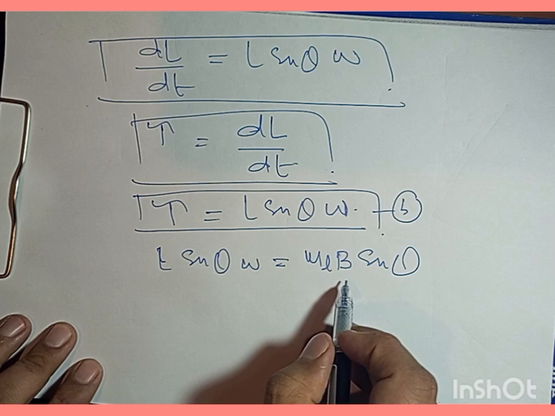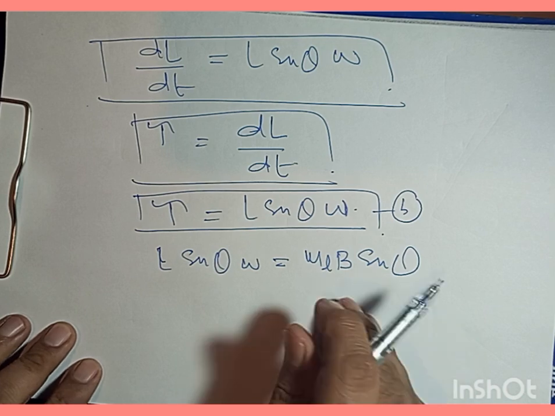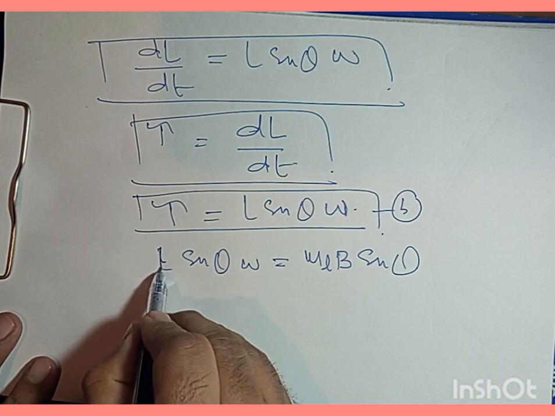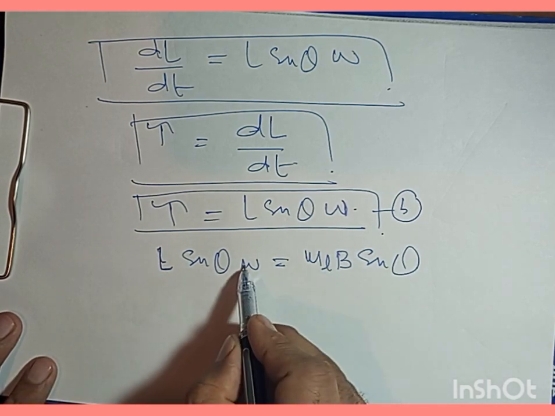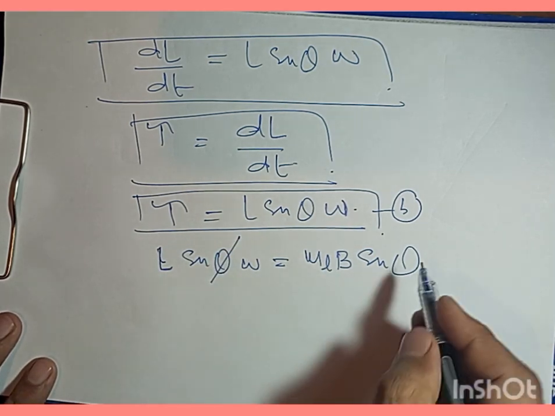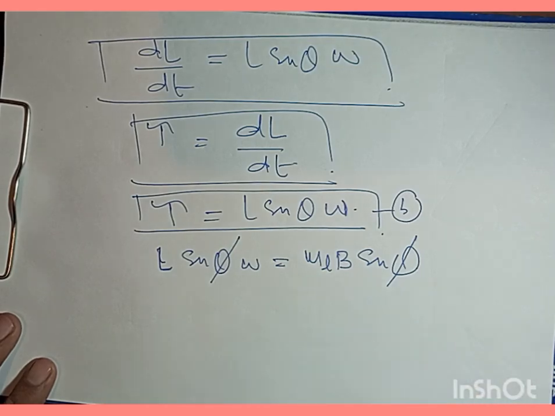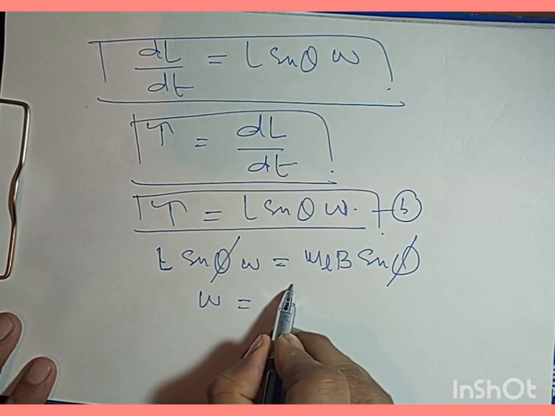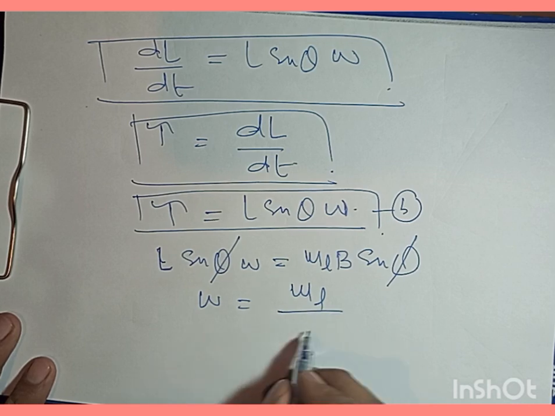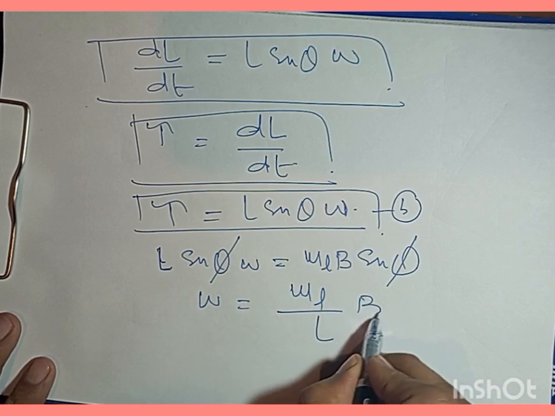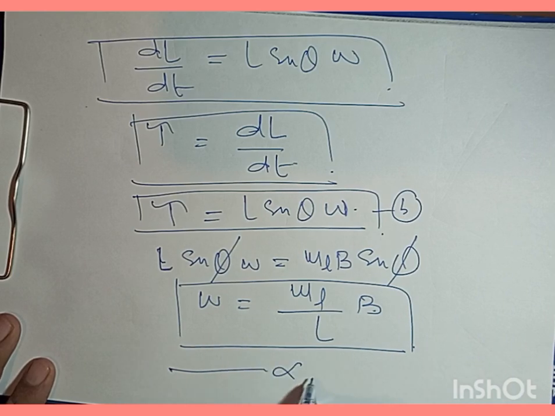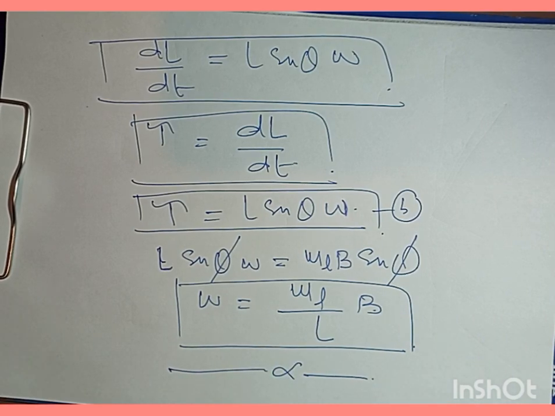And we can see here this sine theta and sine theta are going to cancel. So what will be omega? Omega will be mu L by L times B. Now this equation is our target, and this equation is known as Larmor's formula.